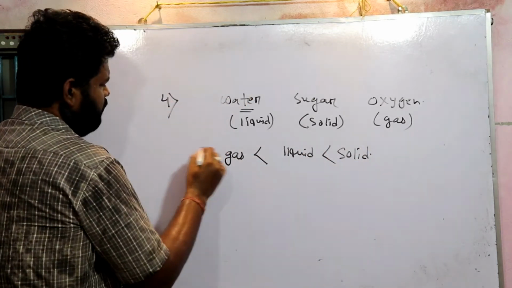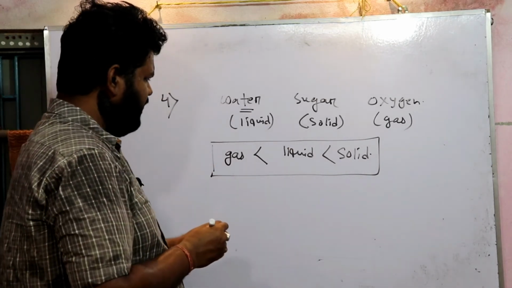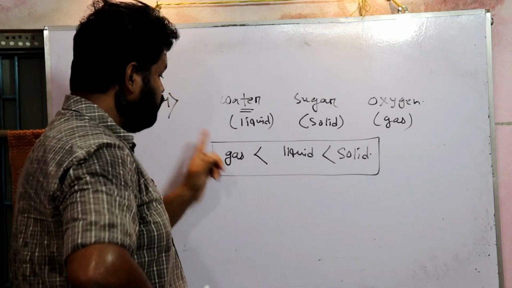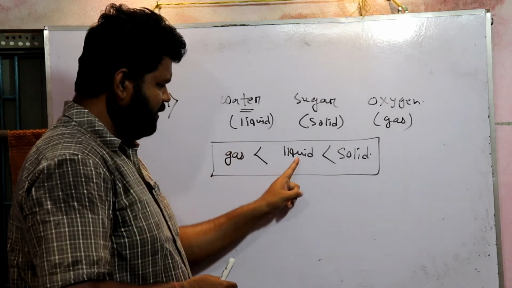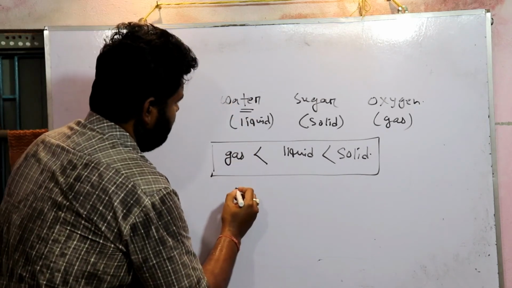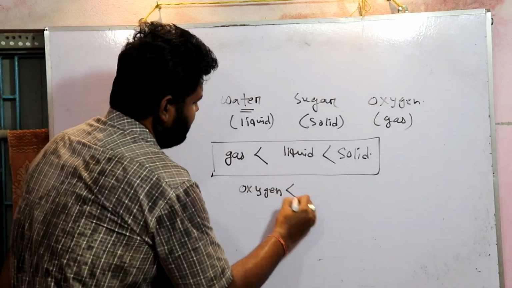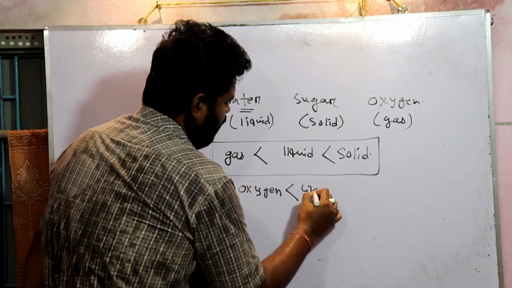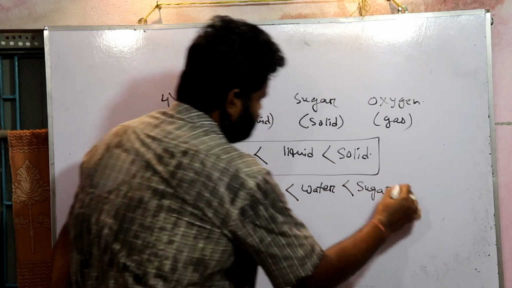This is the arrangement series. That means you can definitely say that the force of attraction between gaseous particles is less than the liquid particles, which is less than the solid particles. So the correct order will be: oxygen, because it is a gaseous particle; then water, because it is a liquid; and after that sugar, because it is a solid particle.